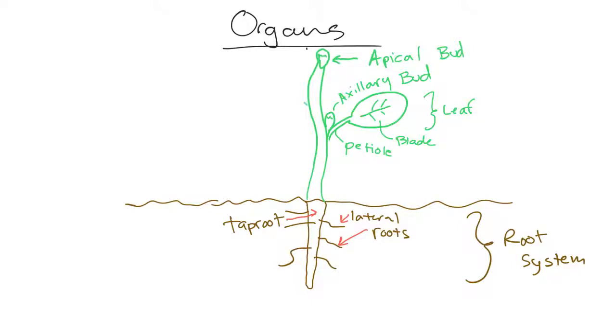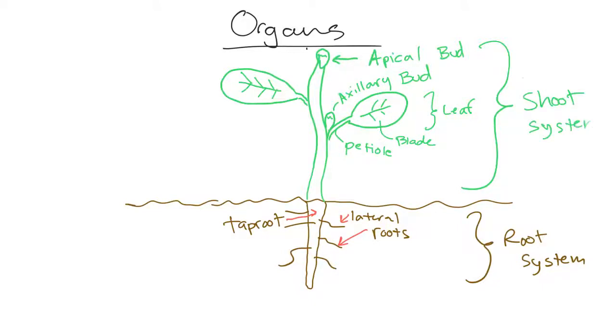Now it'll have another leaf growing up here. And this is all part of then the shoot system. So we have the roots below ground and the shoot above ground, generally speaking. There's a lot of modifications between them.